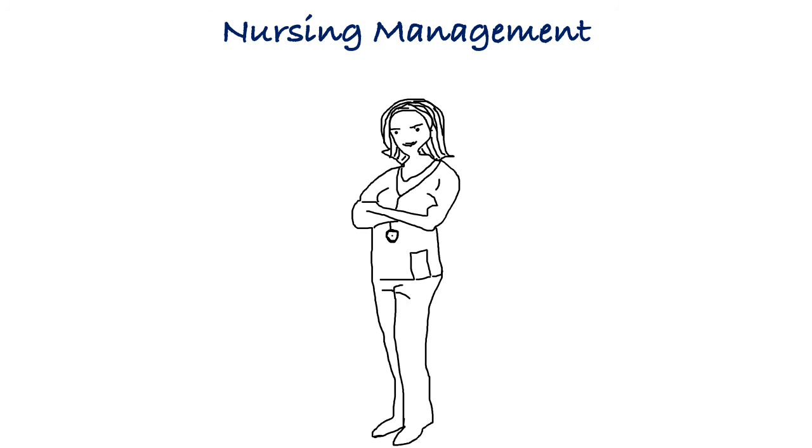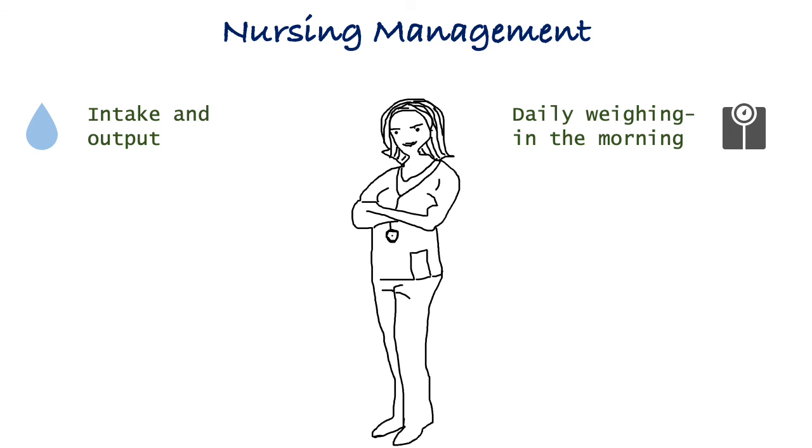The nursing management of the patient with heart failure includes keeping a record of intake and output to identify a negative balance, meaning there should be more output than intake. Daily weighing of the patient at the same time, usually in the morning after urination. Here we are looking for a 2 to 3 pound gain in a day or a 5 pound gain in a week.